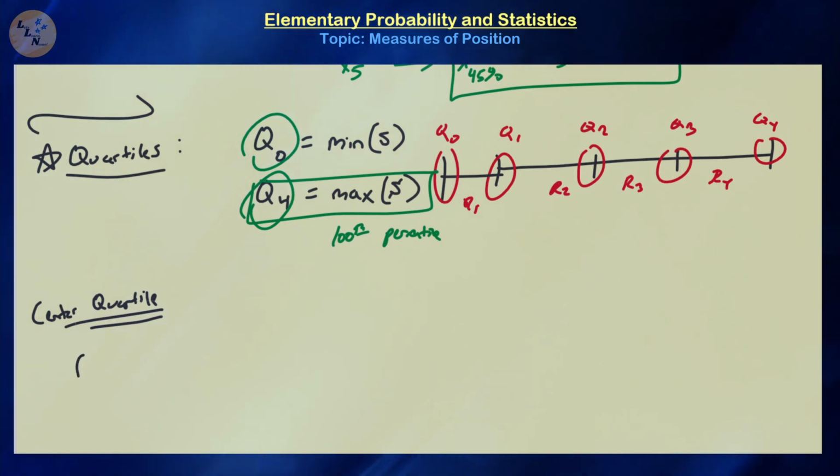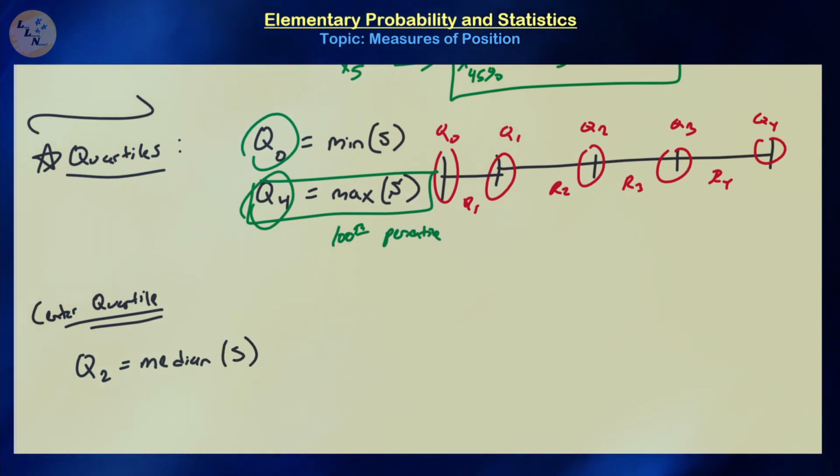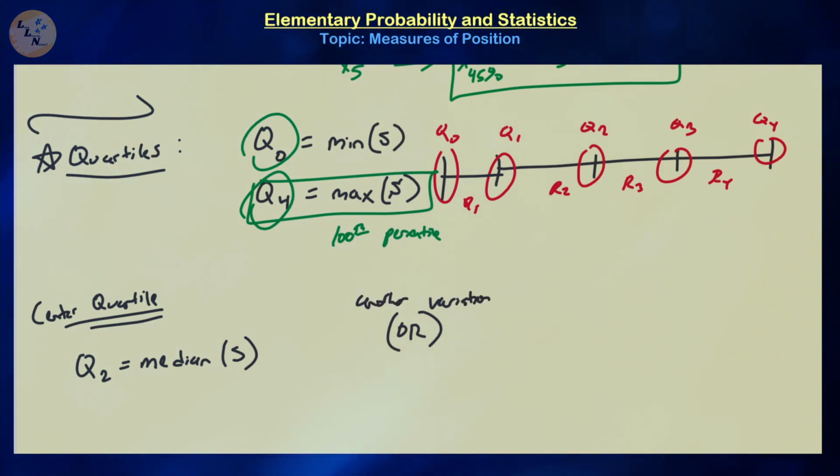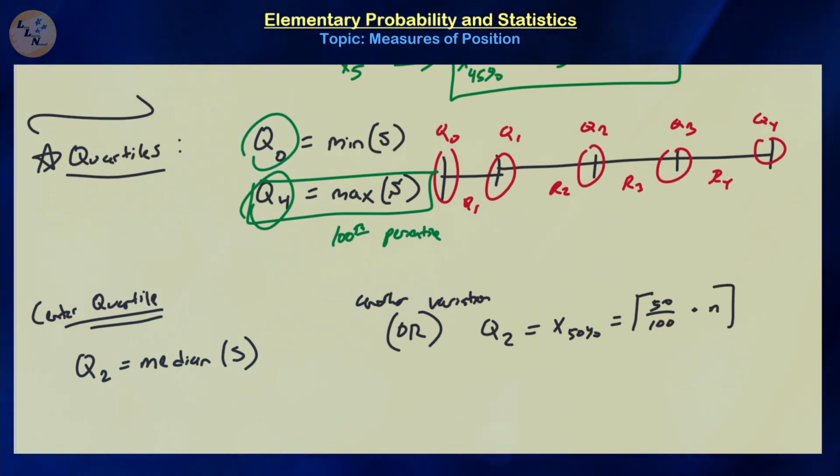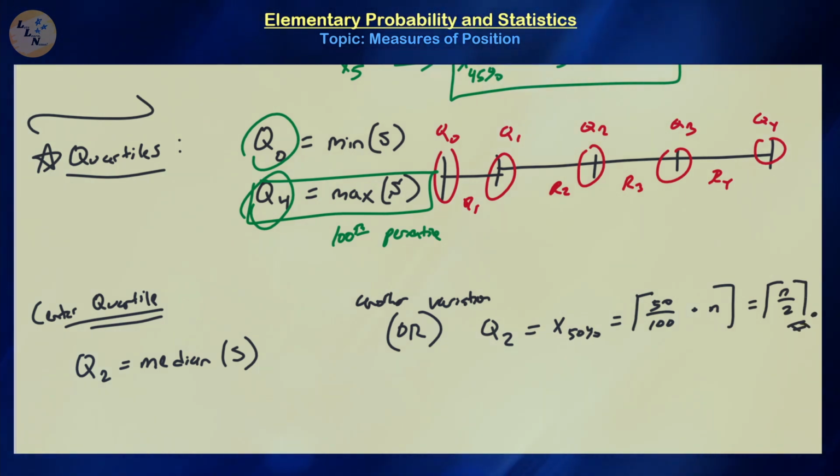The center quartile is most of the time taken to be the median of S. Or, another variation, you could define Q2 to be equal to the 50th percentile, which is going to be 50 divided by 100 times n, or n divided by 2. Nice little formula for the median, right? But keep in mind, the median is not always, but sometimes, equal to that.